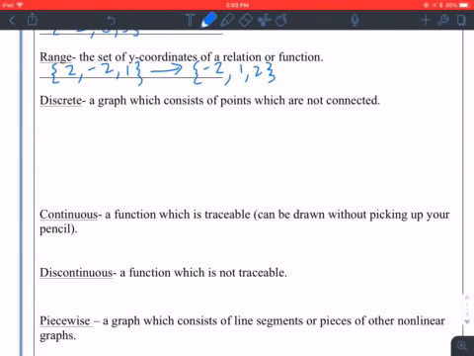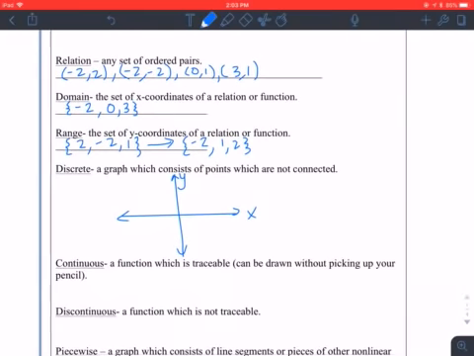Okay, discrete is going to be a graph which consists of points that are not connected. So in our example, if we were to graph these points, we can start with (-2, 2).